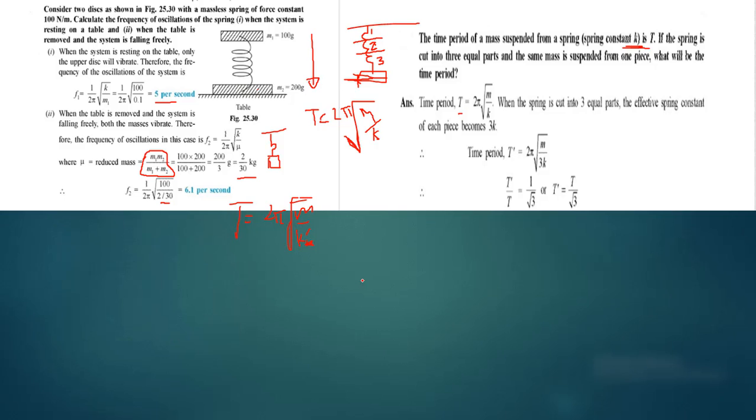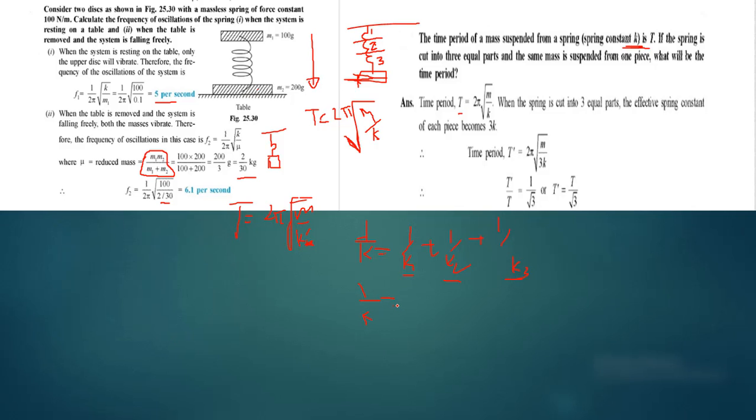So we know that for springs in series like this, 1 over k is equal to 1 over k1 plus 1 over k2 plus 1 over k3. But these are 3 equal parts, so k1, k2, k3 are the same.